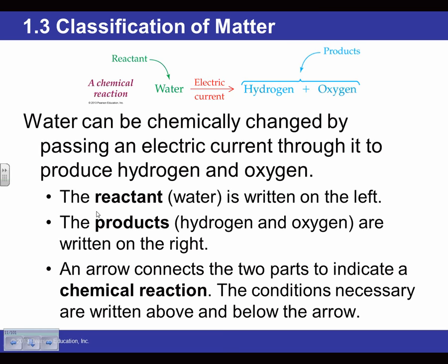As I alluded to earlier, water represents a pure substance, and in this case it is a chemical compound that can be broken down into its smaller units. Now, what we'll be talking about later on is how chemists go about representing these chemical reactions in a shorthand form.